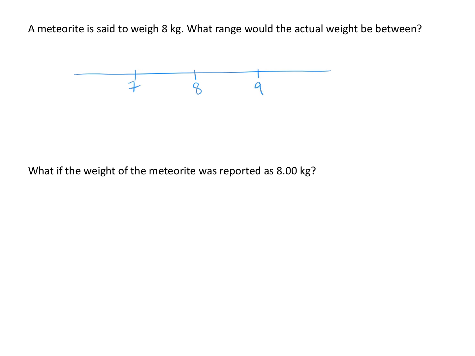It must be that it was somewhere between 7.5 and 8.5, including the 7.5, because 7.5 would round up to 8, but not the 8.5. Everything in between those would round to 8. So the meteorite might weigh anywhere from 7.5 to 8.4 kilograms.